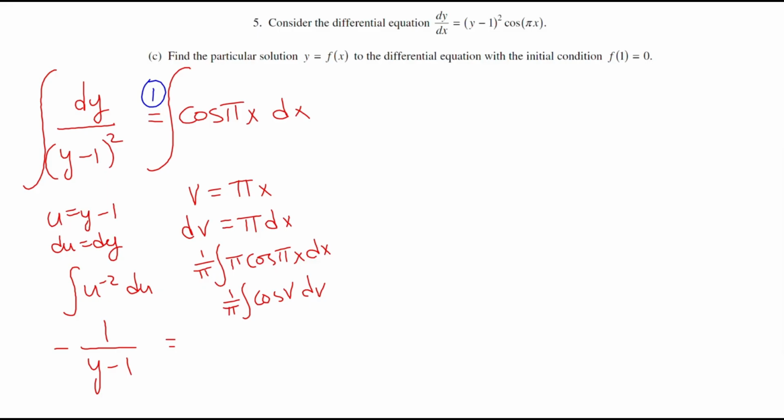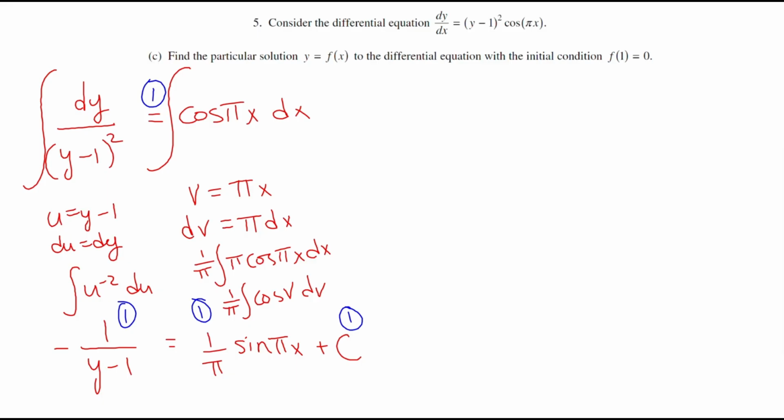Well, the integral of cosine is sine, so what we've got is 1 over pi sine of v, or sine of pi x, plus a constant. And so actually all the work we've just done right now gives us 3 more points. 1 for this integral, 1 for this integral, and 1 literally for just writing plus c.